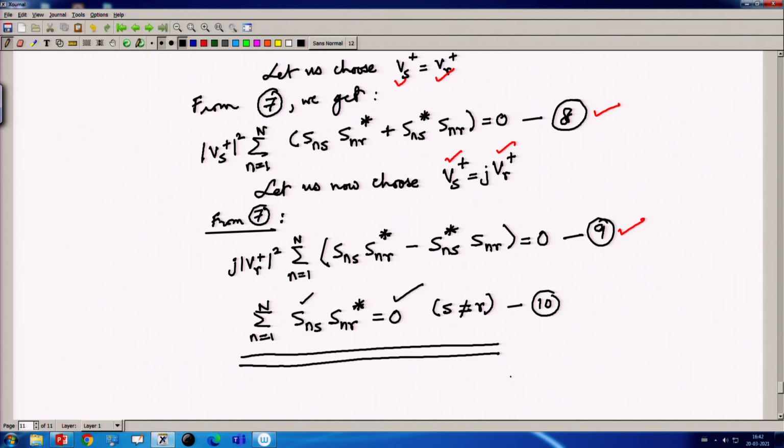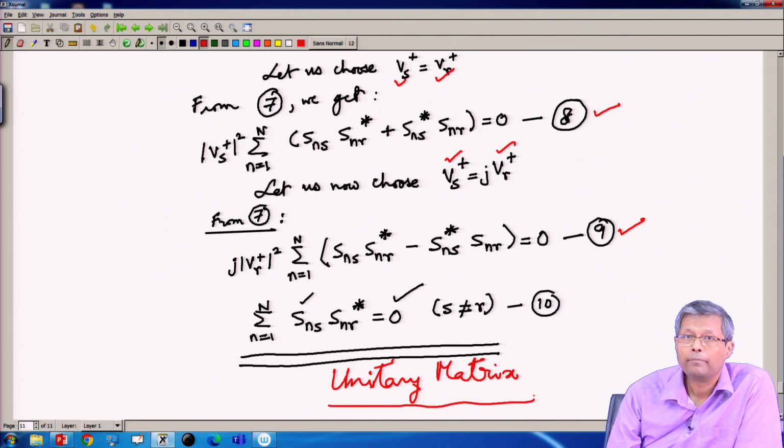A matrix which satisfies these conditions is called a unitary matrix.